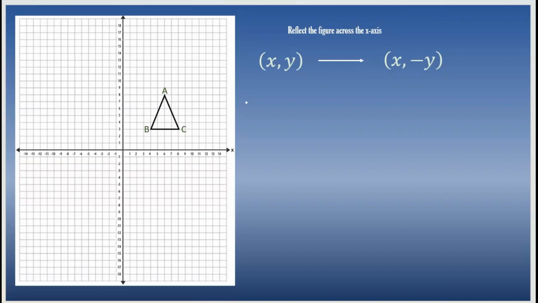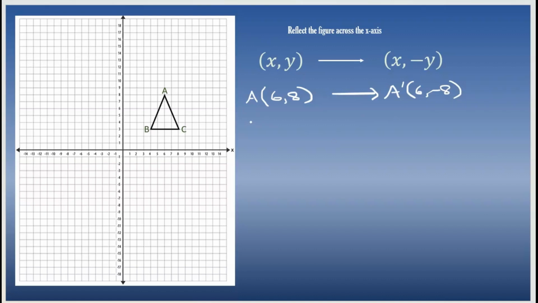So first, pre-image point A is 6, 8, and then arrow, and then that becomes point A prime, 6, negative 8. So I am using the rule, x, y becomes x, negative y.